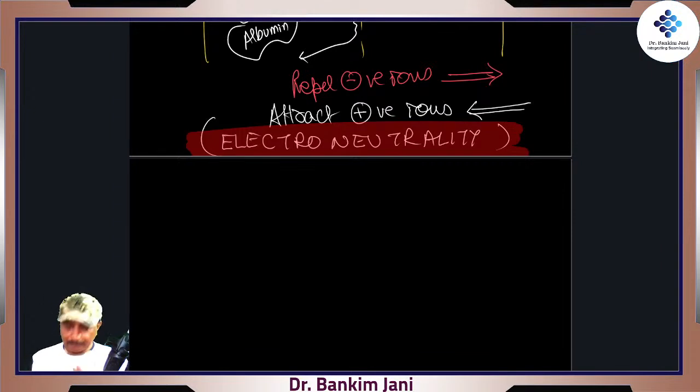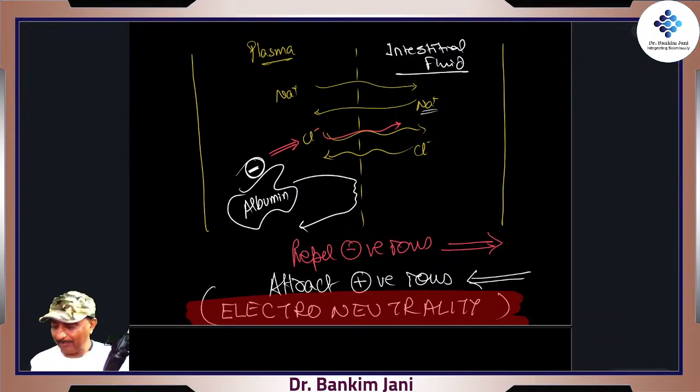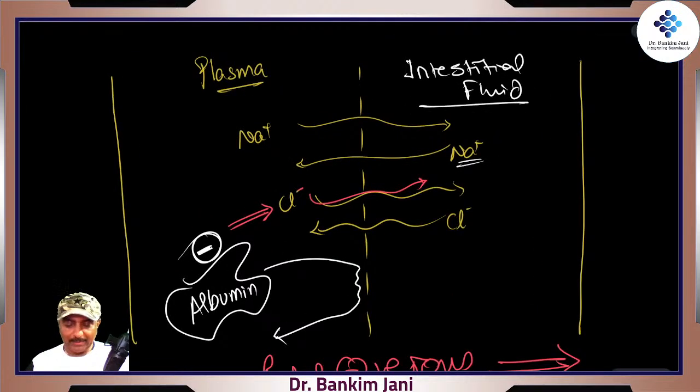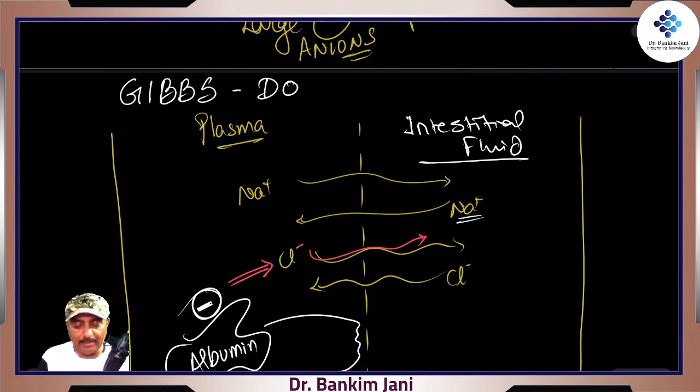Perfect? Okay. If this is clear, then let's give it a name. They have given a name, and unfortunately we have to remember it, but okay. Consider that someone did this for the first time, so we appreciate. It is called the Gibbs-Donnan effect.